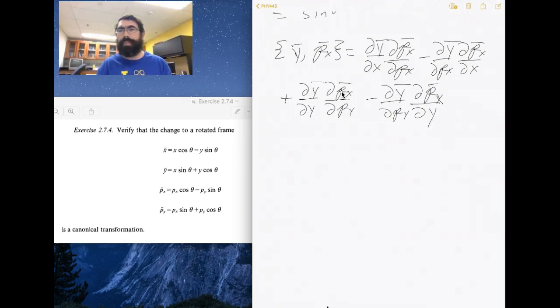Oof. Okay, so let's add in those derivatives.